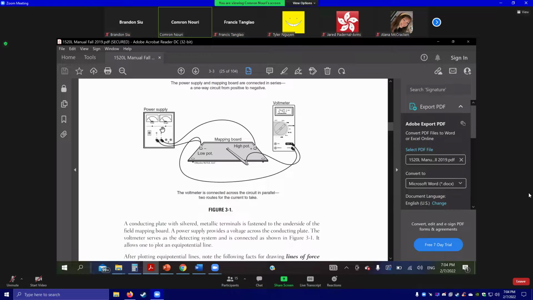There's a potential difference from power supply, 10 volts connected to both sides. So this is low potential and high potential, negative and positive. And then there will be a voltmeter connected to one side and this one that can be moved around. All right, so the voltmeter actually measures the potential difference between this low potential, and this point.